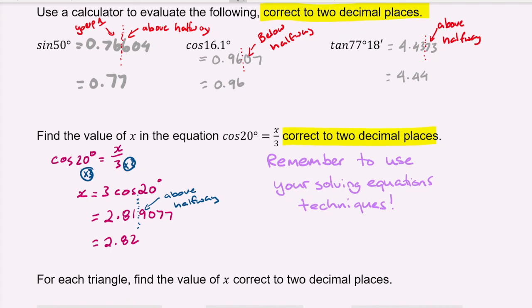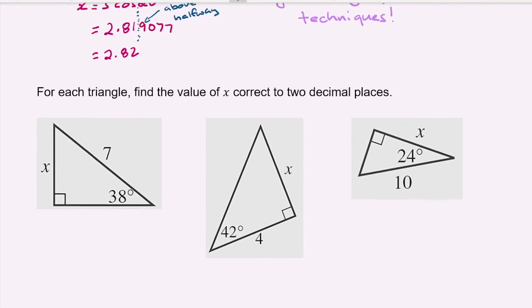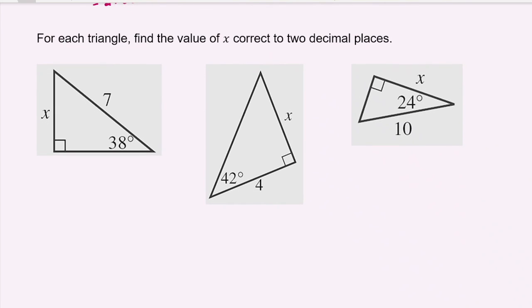Okay, we've got 3 little triangles to finish off with. Let's just do the one though, just to get us going. Let's look at our first one. I'm going to label our sides. Okay, we have a value for the hypotenuse, so we can't use tan. We have nothing there labelled for the adjacent side, so we can't use cosine.